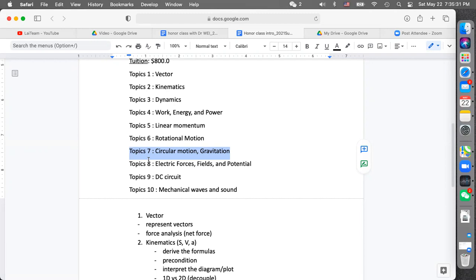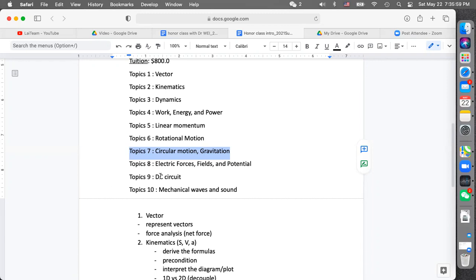People should have a basic idea about electric force, field, potential, DC circuit, mechanical wave, and sound. It's still fair, right? Those topics are also important. When you get there, maybe it's going to be the full 10-chapter exam. So those 3 topics, we also cover in our session.